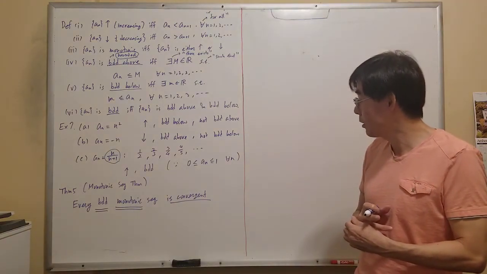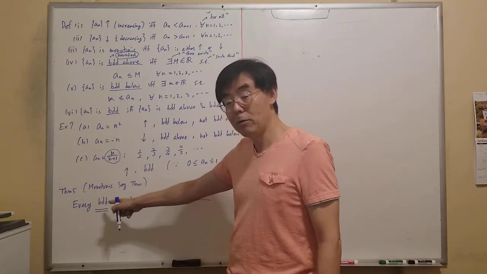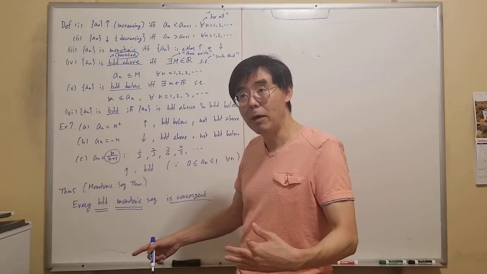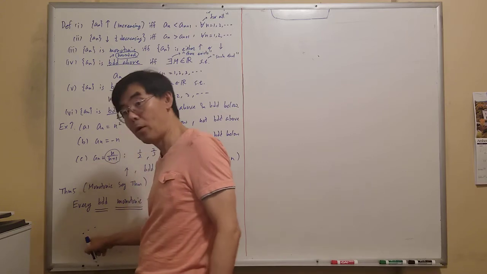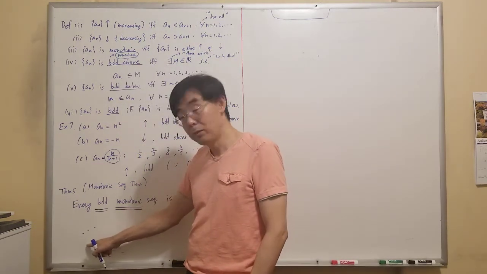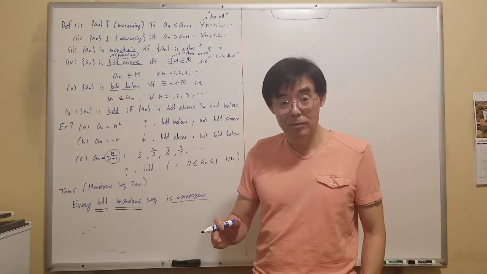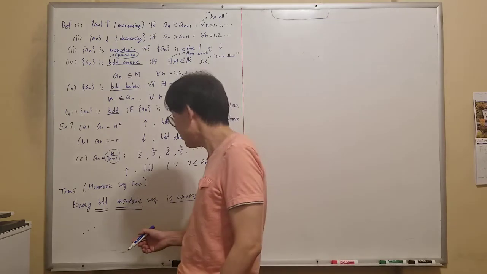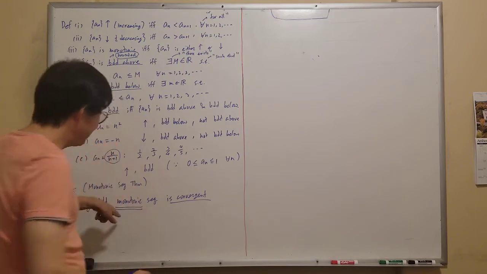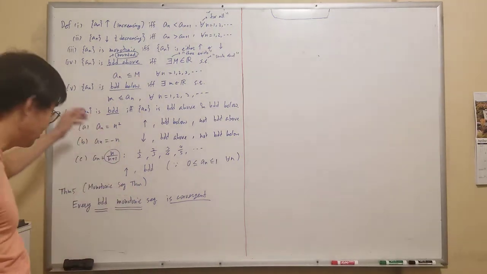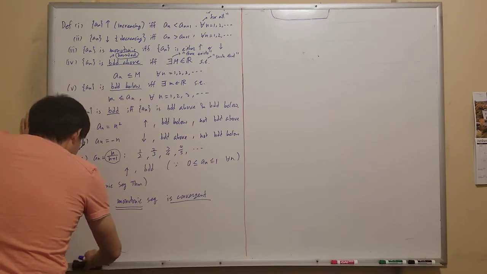So what does it mean to be a bounded monotonic sequence? For example, an increasing sequence that is bounded. An increasing sequence automatically has a lower bound, since your first term is the smallest. So for an increasing sequence to be bounded, it has to be bounded above too. So that means increasing and bounded above.